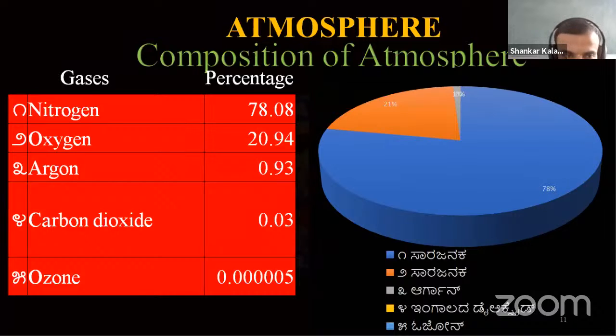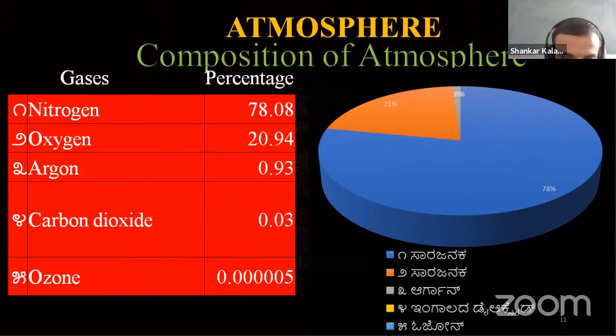And oxygen is the second important gas in the atmosphere, which supports all living beings to exist on the planet Earth. It is about 20.94% in the atmosphere, around 21%.